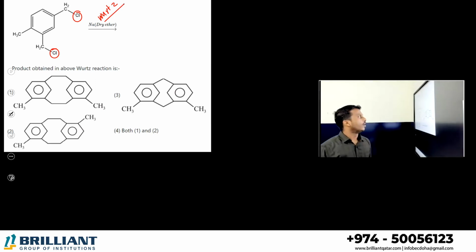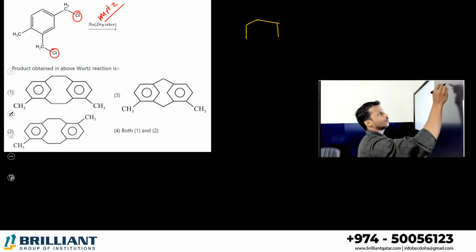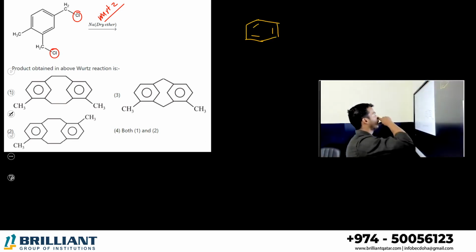Both of the halogens are present on the same compound. Correct. So those carbons will join together. But by looking at the options, you can see they are considering two same compounds like this. Let me draw the possibilities. This is one of the possibilities, a benzene ring.